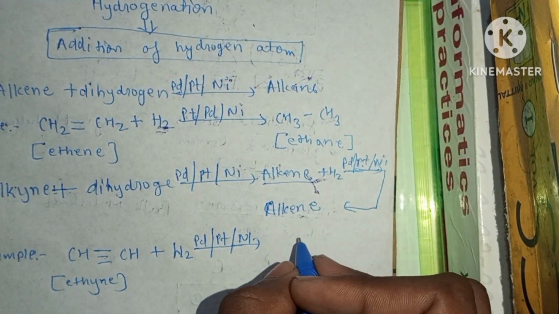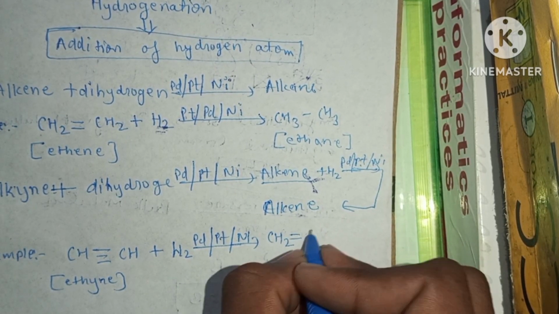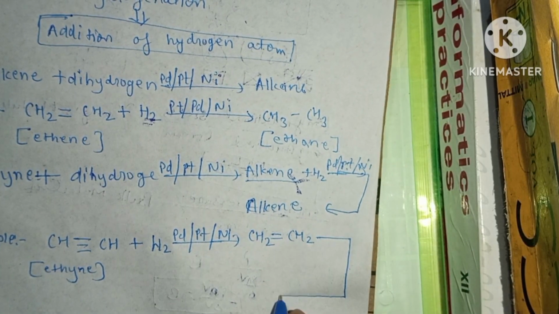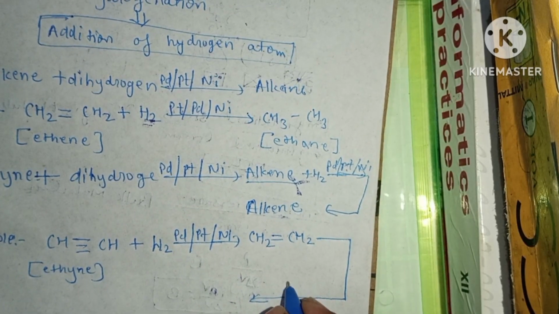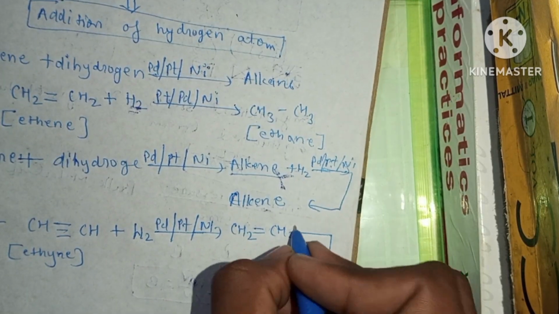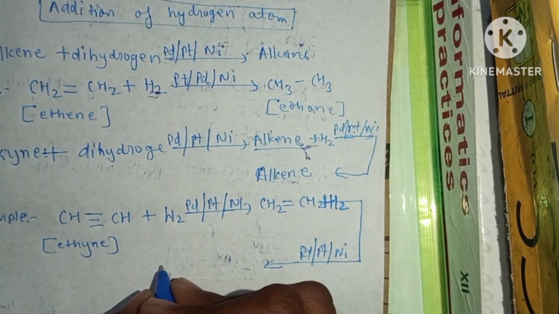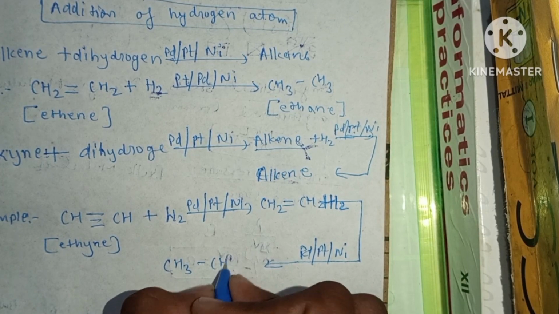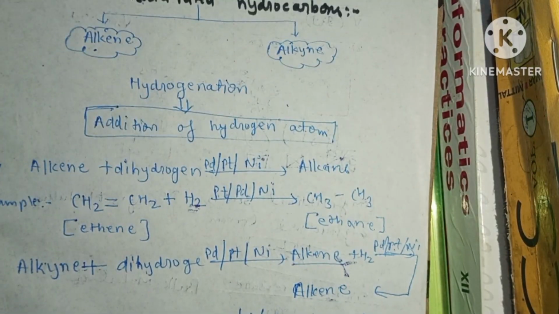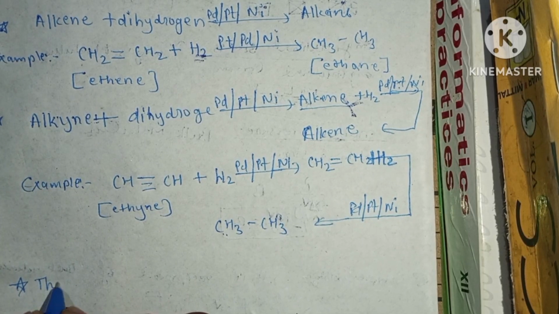We will obtain firstly ethene, CH2 double bond CH2, and again there will be the hydrogenation process in the presence of palladium, platinum or nickel plus H2. Here we will again add dihydrogen, so we will obtain CH3 CH3.